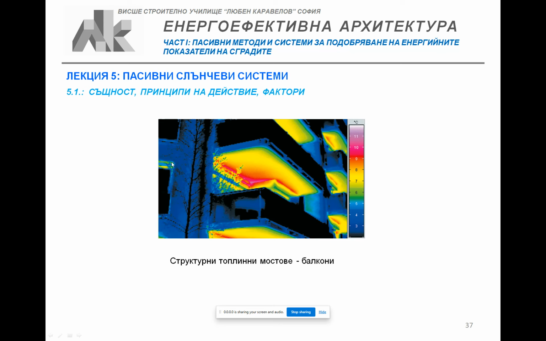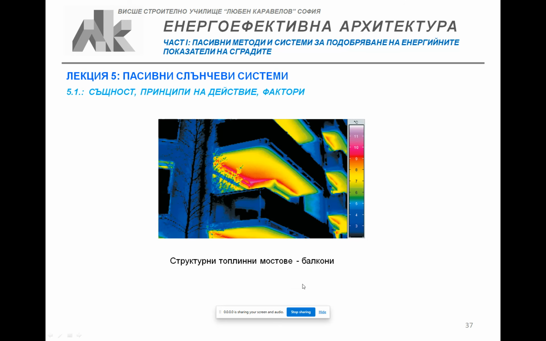And here also some convective thermal bridge can be seen on that infrared picture, but the balcony is definitely large enough surface with enough amount of energy taken from inside and thrown away to the outside.